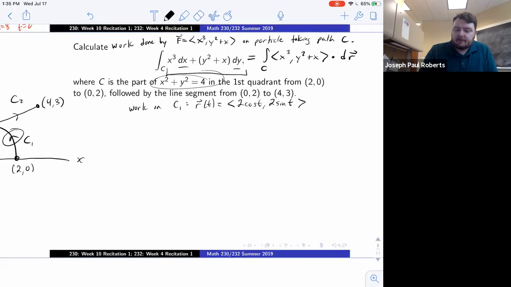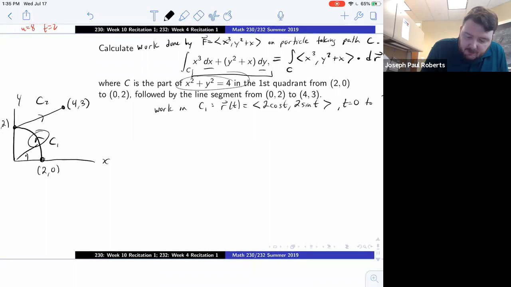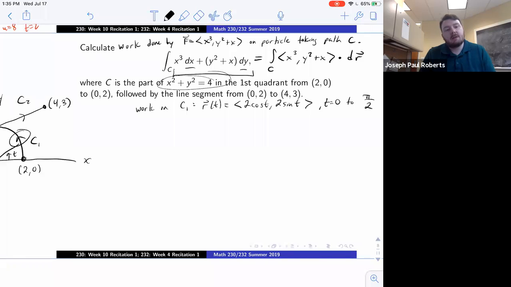And then if I'm doing cosines and sines, then essentially t is the polar angle. The t is going to be your counterclockwise angle from the positive x-axis. And so to trace out this quarter circle, we're going to want to start at t equals 0 and stop at t equals pi over 2.